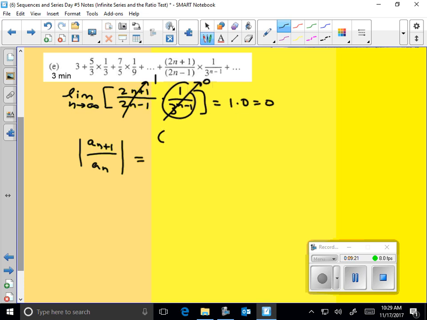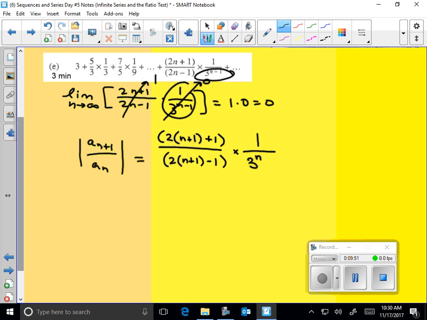Well, that would be 2 times the quantity n plus 1 over 2 times the quantity n plus 1 minus 1 times 1 over the quantity... How could I write this? If I add 1 to that, what would it be? n minus 1 plus 1, which would just be 3 to the n, right?